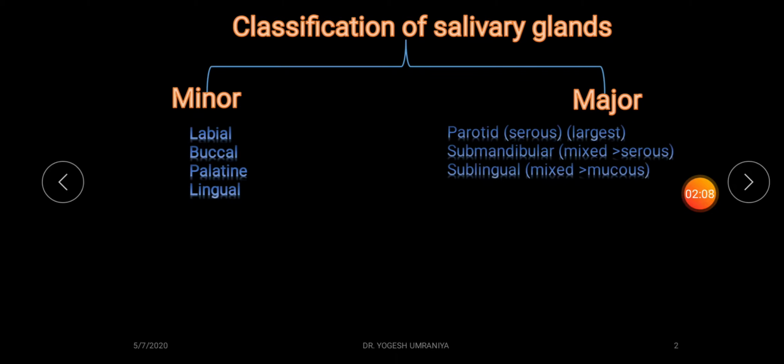Number three, the sublingual, which is again of the mixed variety, but here the mucus component remains more as compared to the serous one.